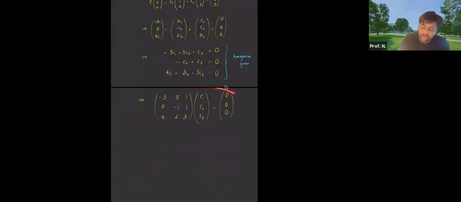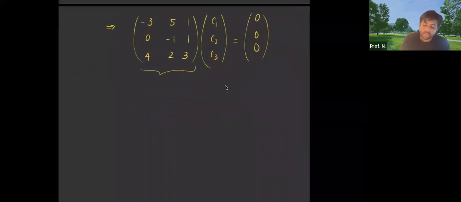And so now the question is, do I have a solution? Is there one solution, infinitely many, or none? This depends upon whether or not the determinant of this matrix is 0, because that determines whether a matrix is invertible, and it tells us whether there's a unique solution or not.